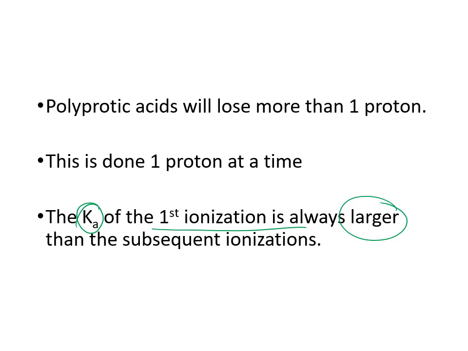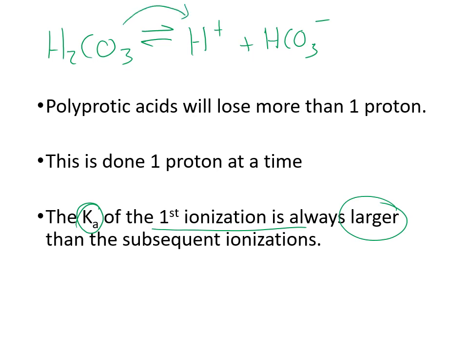So if we had, let's say, carbonic acid, and it's a weak acid, so it can lose a hydrogen ion, though not a huge amount, and it will leave behind a bicarbonate ion. That happens, and this will have a certain Ka associated with it.